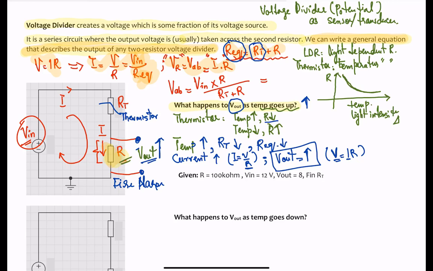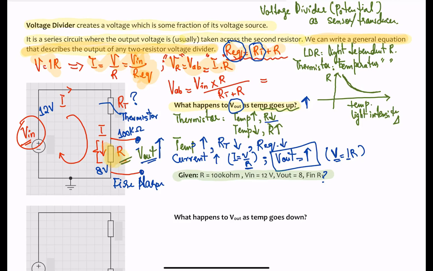And here's one example that we're going to do real quick. Say given R equals 100 kilo ohm, we have to find RT. Vin is 12 volts, and V out is given, which is 8 volts. Now I can simply apply the voltage divider here and calculate RT.